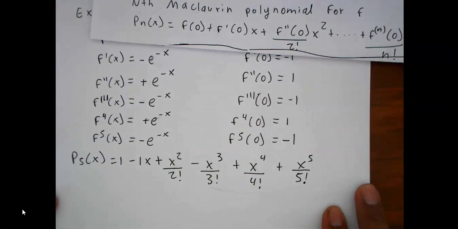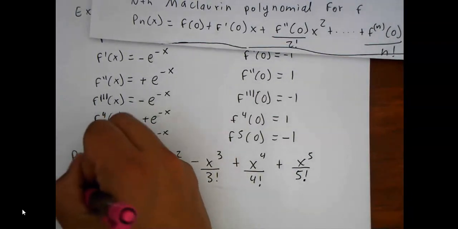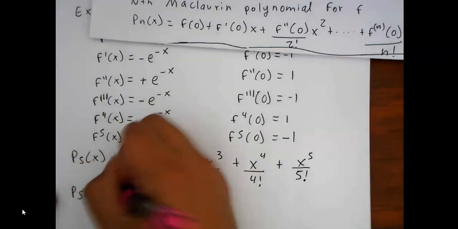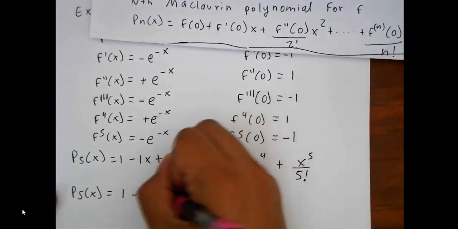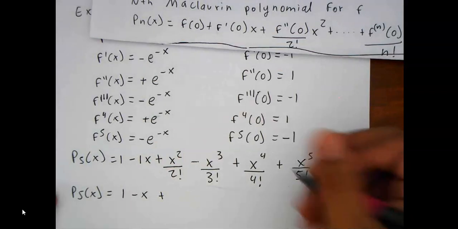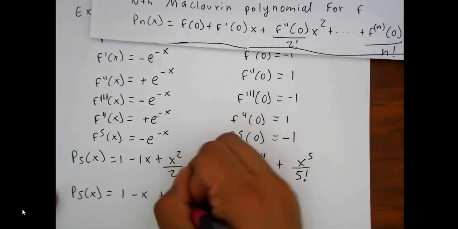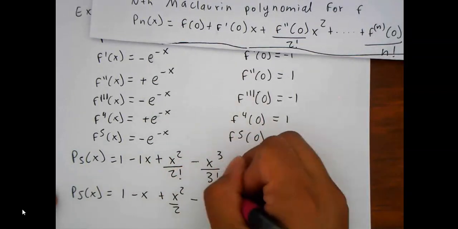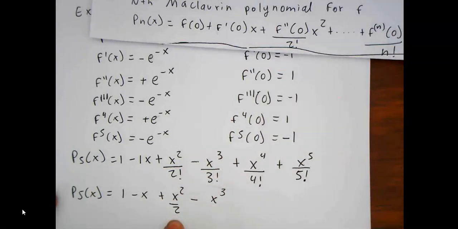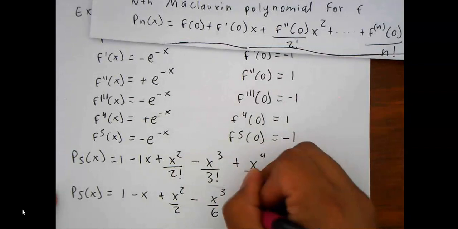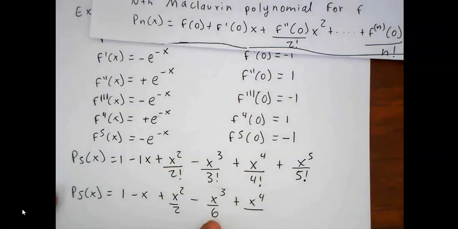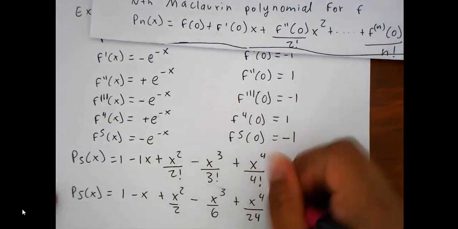Lastly, we just need to simplify it. So 1 minus x, 2 factorial is just 2 times 1, which is 2. We have x cubed, minus, 3 factorial is 2 times 3, which is 6. x to the fourth, and 4 factorial is 4 times 6, 24.